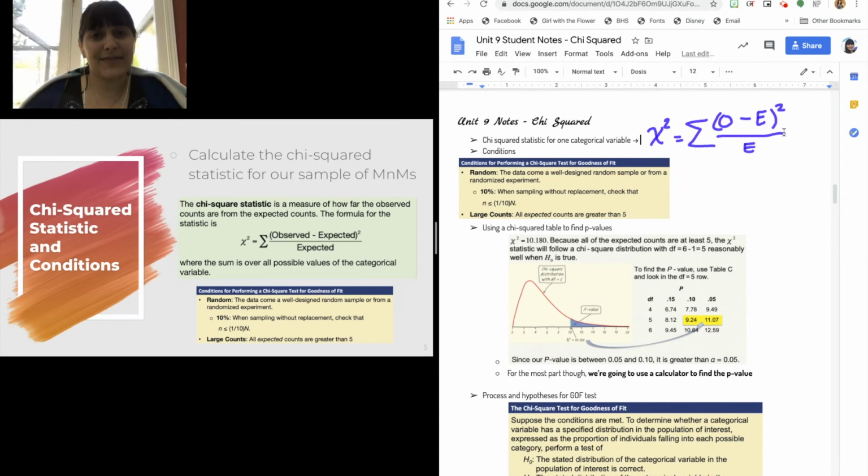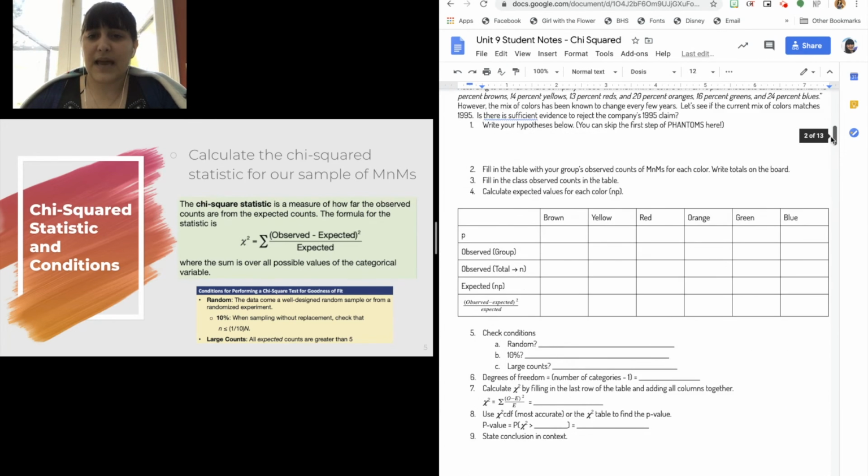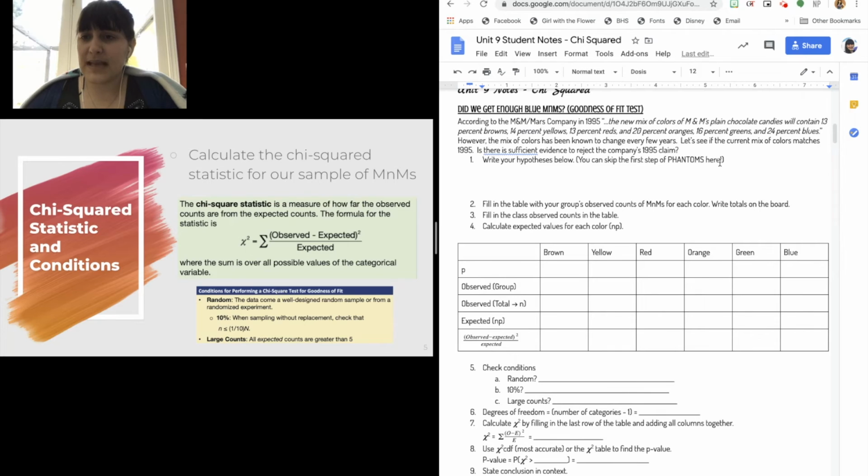The expected value comes from the distribution of proportions that's given to you at the beginning of the problem. So if we go back up to the M&M problem, it said that the company says that 24% of their M&Ms are blue.